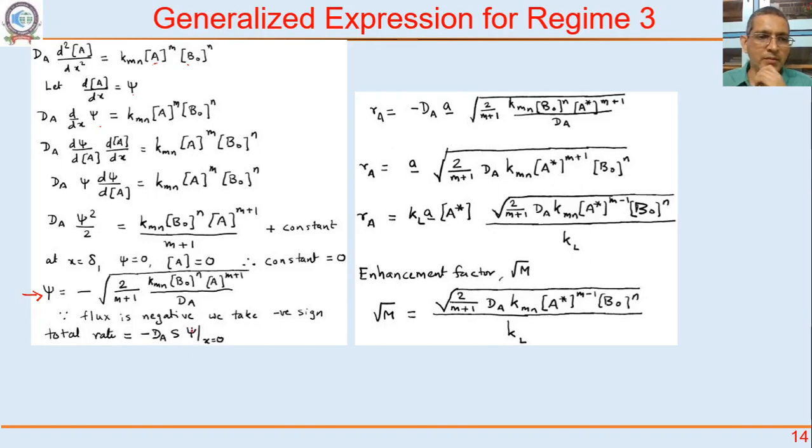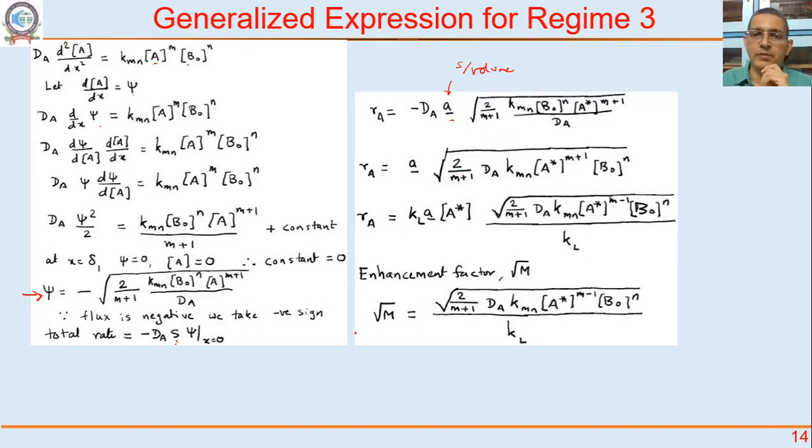Total rate would be DA S and psi at x equal to 0, minus. Okay. So rate would be minus DA A bar. So surface area now, this surface area per unit volume is our Ra. So it is S divided by volume. That's why it has become A bar. This is S divided by volume. Surface area per unit volume. Okay.